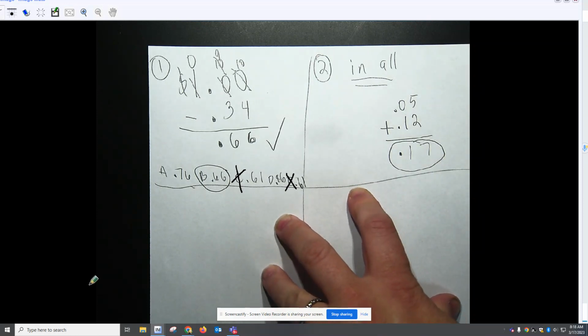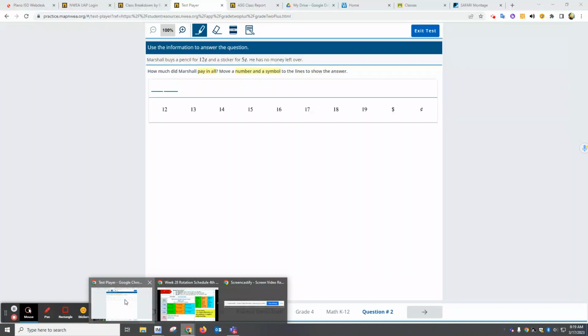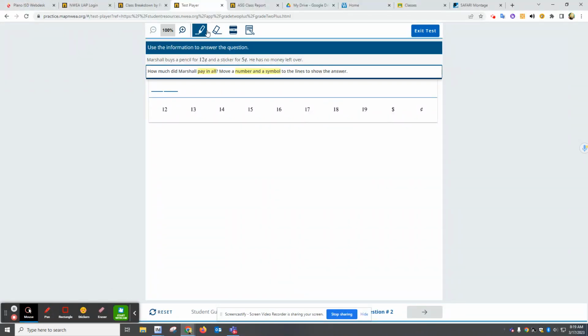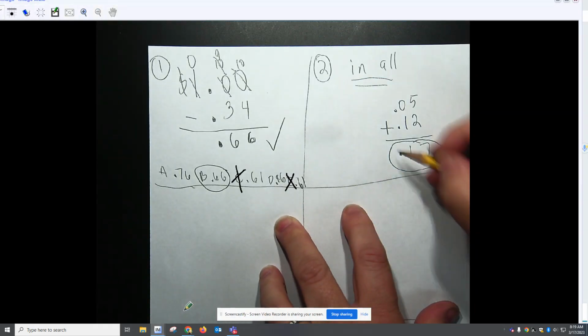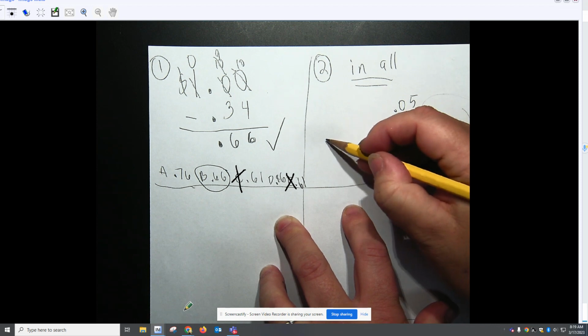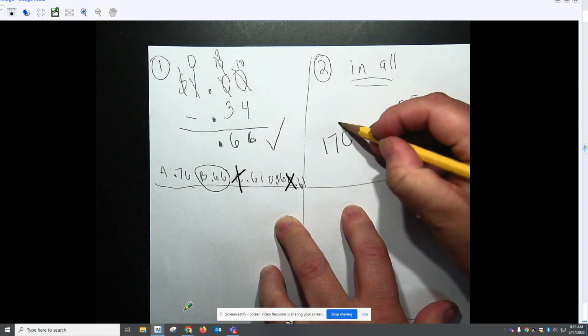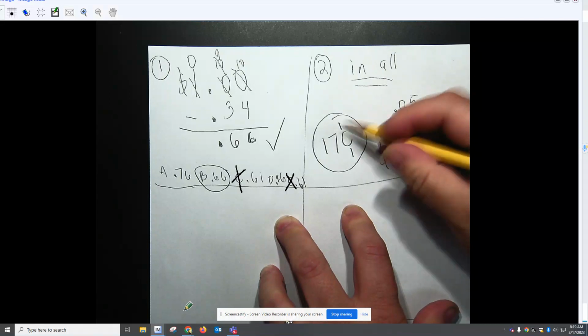Now I can look at the question again, and I can eliminate. Well, this one you can't eliminate answers because it doesn't have A, B, C, D, E. But in my head, I can eliminate this. I would use the dollar sign if I had a decimal. But in this one, I don't have a decimal. So I could go back to my work, and I could write that this is the way I do this, but 17 cents is how I write it with a cent sign.